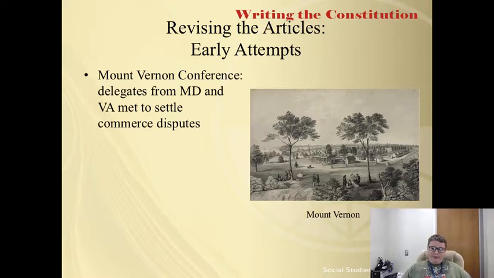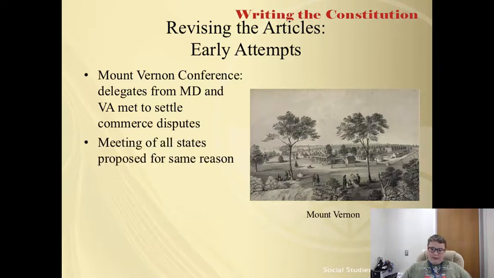Delegates from the Mount Vernon meeting proposed a conference of the 13 states to discuss the issues related to trade. The Mount Vernon meeting led to a convention in Annapolis, Maryland, and several states, including Maryland, did not send delegates.